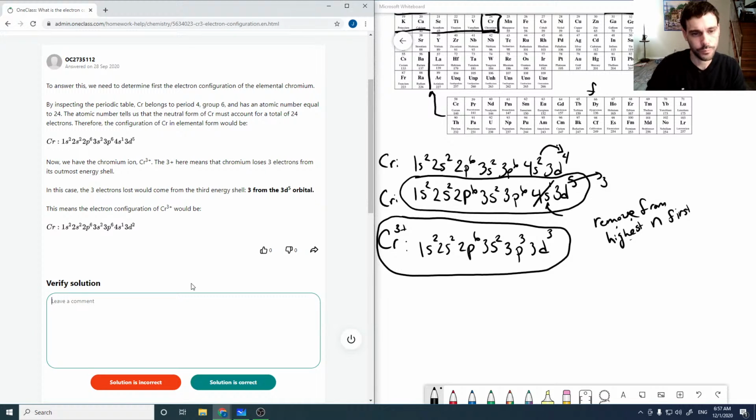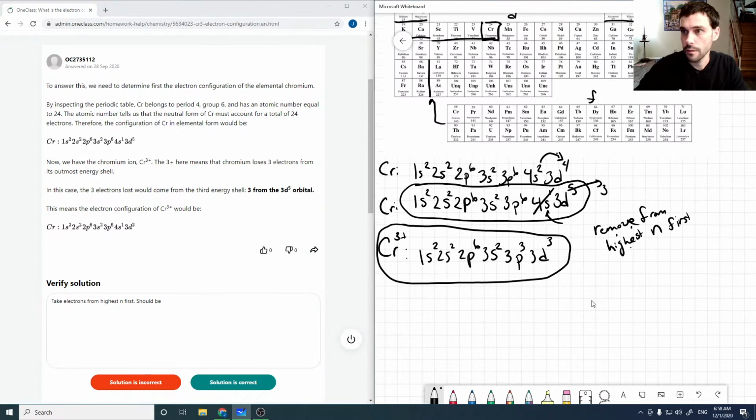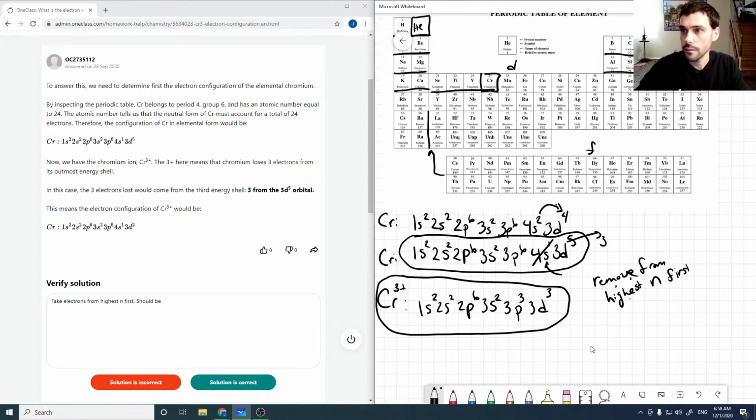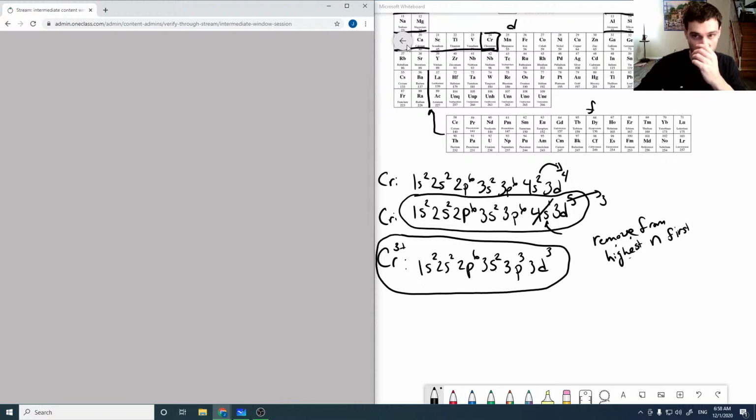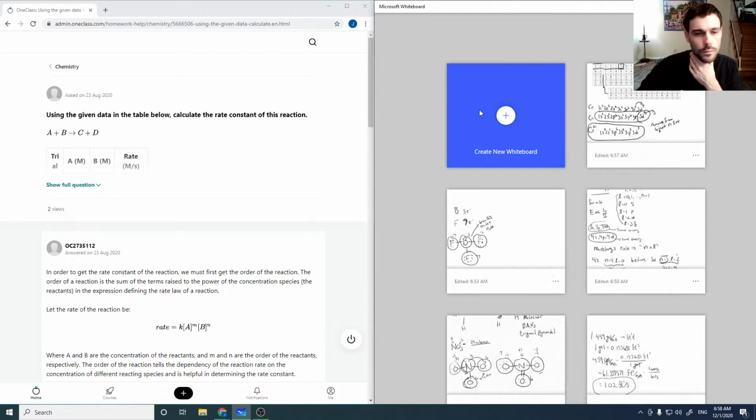So I'm just going to label this with argon, so it should be argon 3d3. Alright, so that one was incorrect, but that's okay.